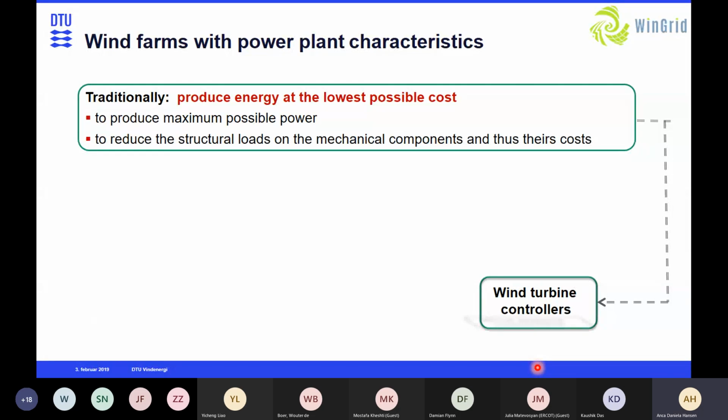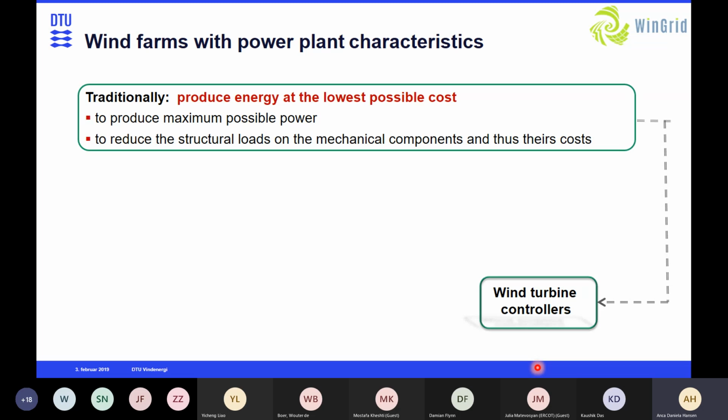So going back to wind farms, traditionally the main aim of wind turbine control was to ensure that the wind turbine was able to produce energy at the lowest possible cost.